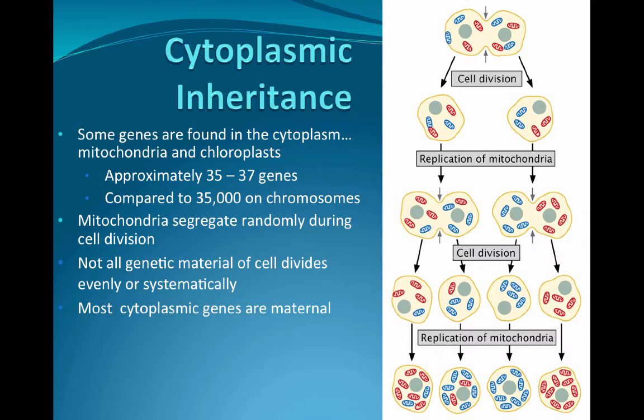So not all of the genetic material is actually going to divide into those two new cells evenly, and it's definitely not going to do it in a systematic way. So you can actually see phenotypes reflecting different types of mitochondrial DNA because of this non-systematic division.